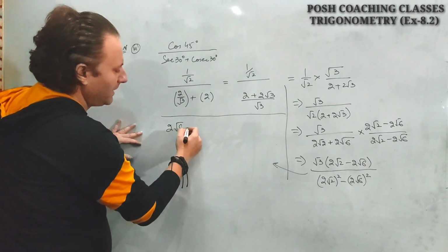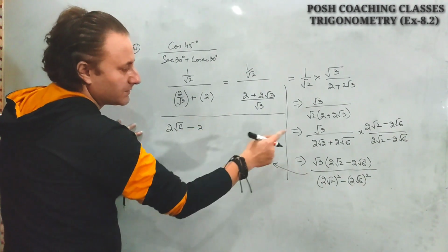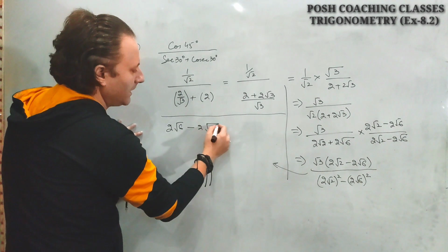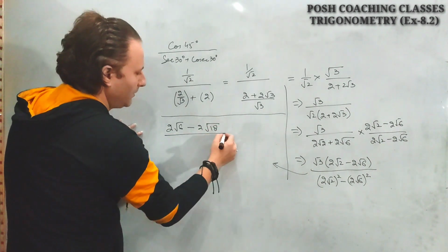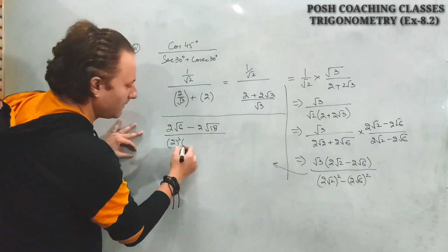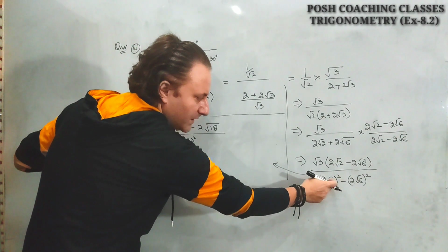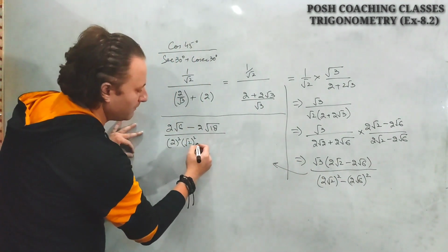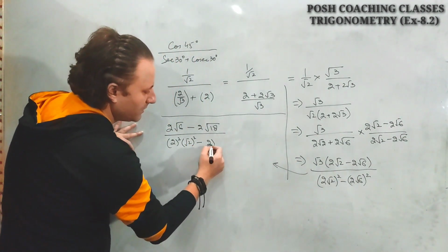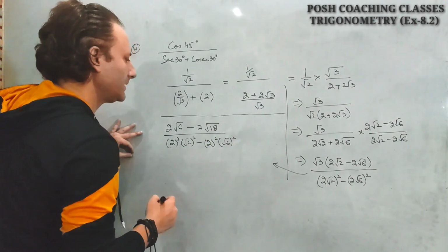Then minus sign, we have 2. Then there is 6 multiplied by 3, that is 18, upon, this is 2 square. Then we have under root 2 square, because this square is with 2 as well as with under root 2. Then minus 2 square, and then we have under root 6 square. Is that clear?